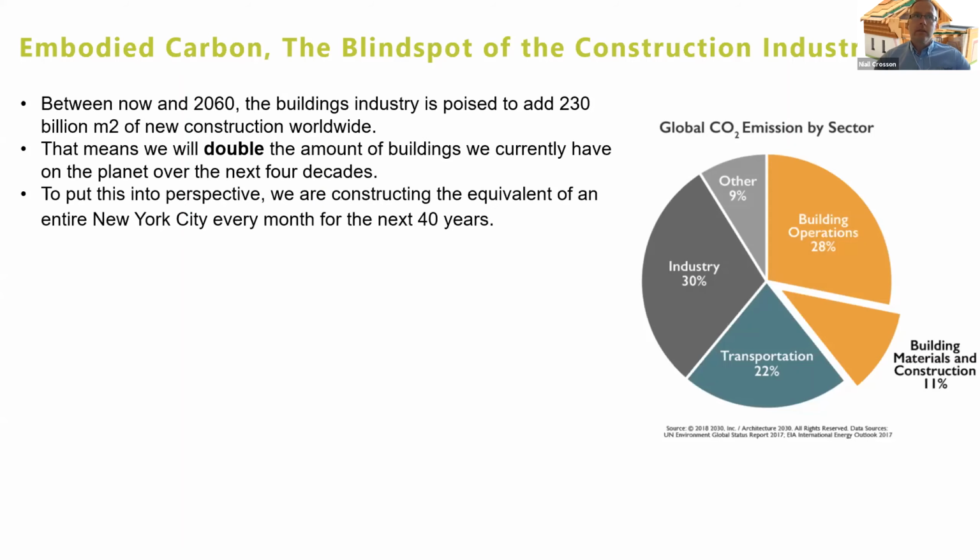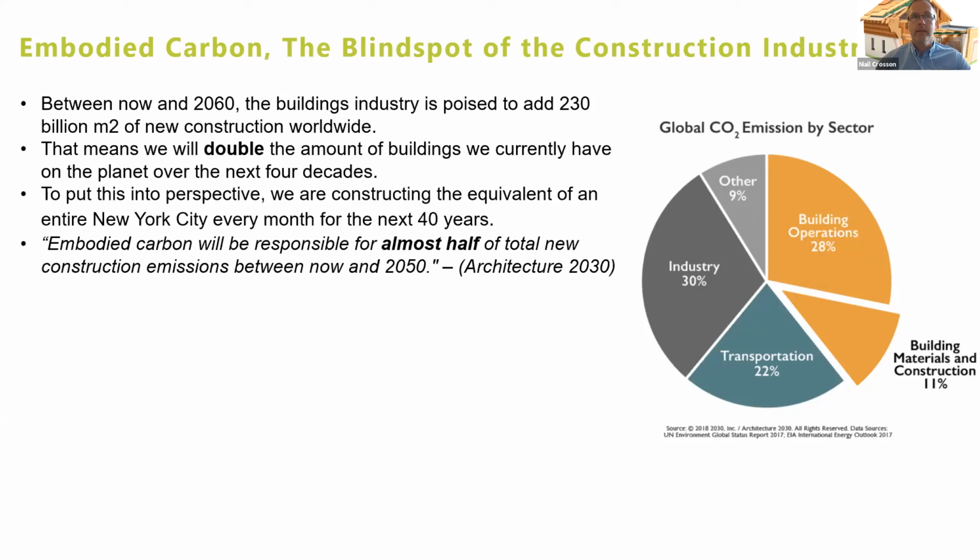So that's looking at building a city the size of New York every month for the next 40 years. So clearly the material impact on the environment is becoming quite considerable and is increasing more and more. And embodied carbon will be responsible for almost half of total new construction emissions between now and 2050.